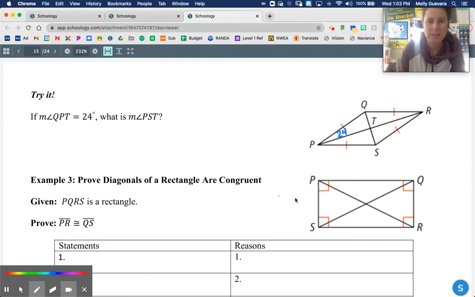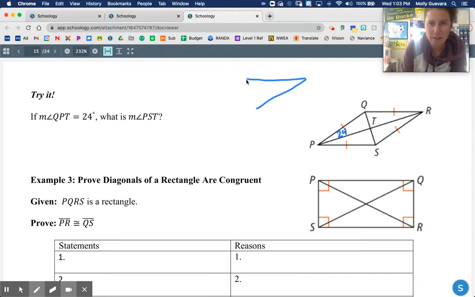Okay, so let's look at this. There are a lot of different ways that you can think about this. But one way is just knowing the properties of a parallelogram. So if half of P is 24, then all of P is 48, right? Which means this is also 48. And I know that consecutive angles add to 180.